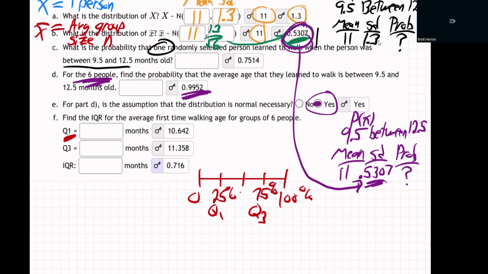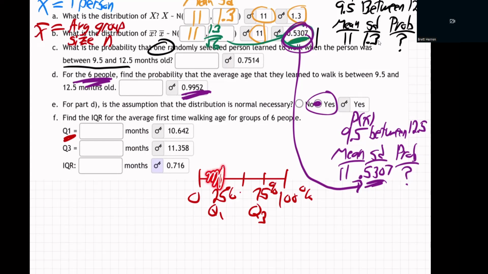So they're saying, if you're going to take these kiddos and talk about what age they first walk at, what would be the 25%? You say, hey, my child walked early, at the 25th percentile.